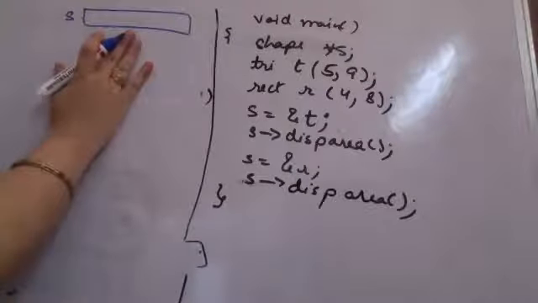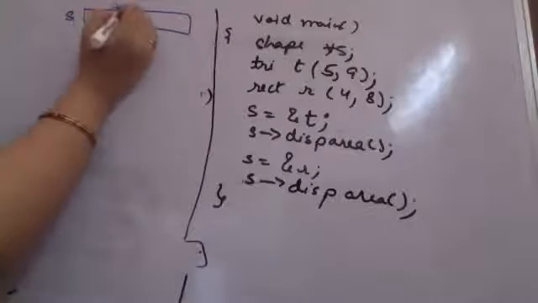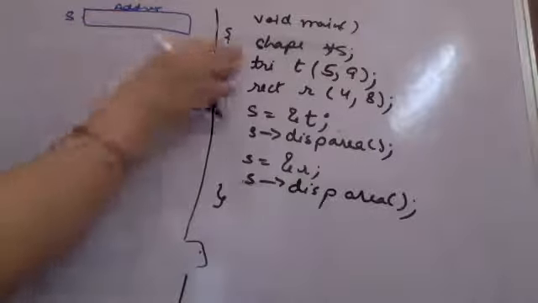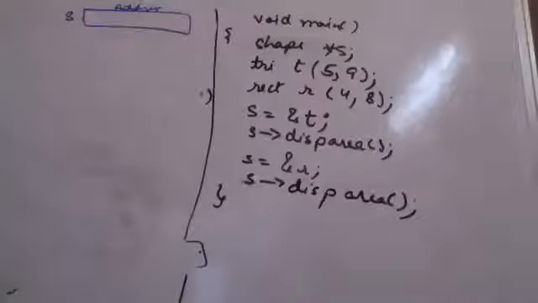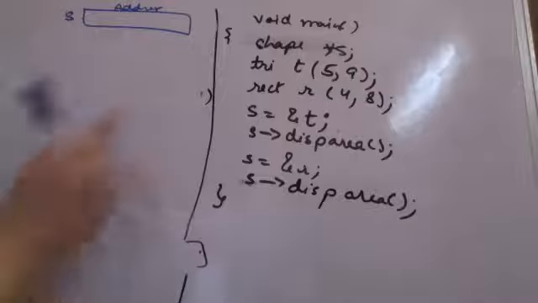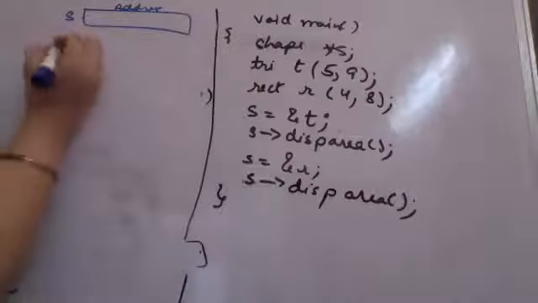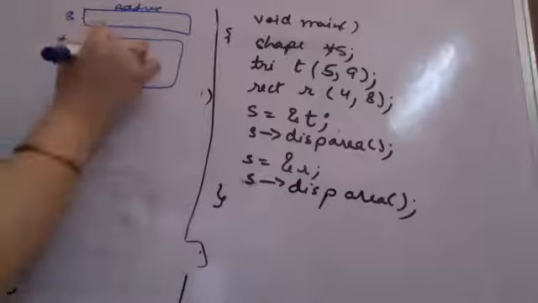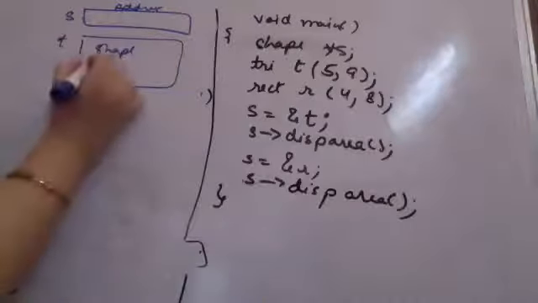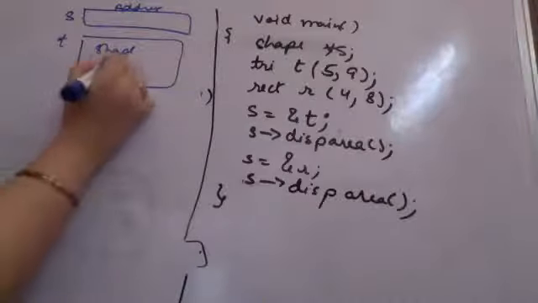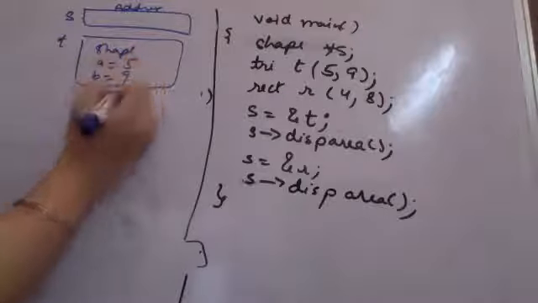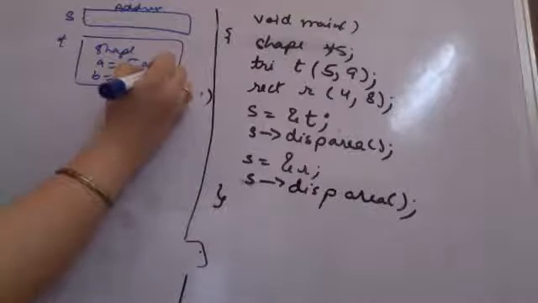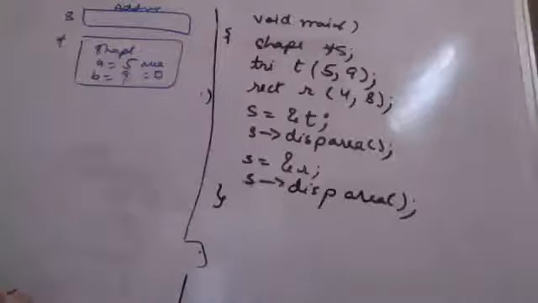This is only going to store the address of an object of the class of type shape. Understand? Now I have created T. T is an entire object which is inheriting the shape class also, and in the shape class we have A and B, in which the values 5 and 9 have gone, and area is equated to 0, right?